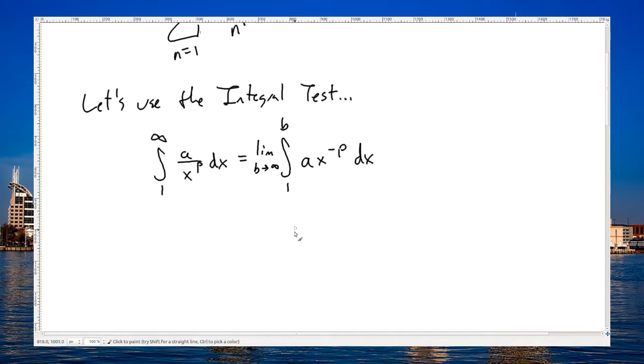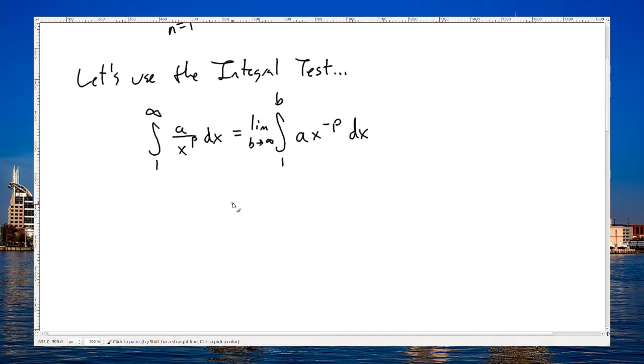Okay, so what am I going to do here? I'm going to take that x and add 1 to the power, and then I have to divide by the new power. So that gets me a over negative p plus 1, from 1 to b, limit as b goes to infinity.